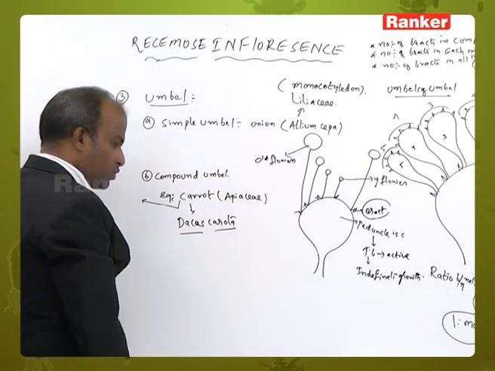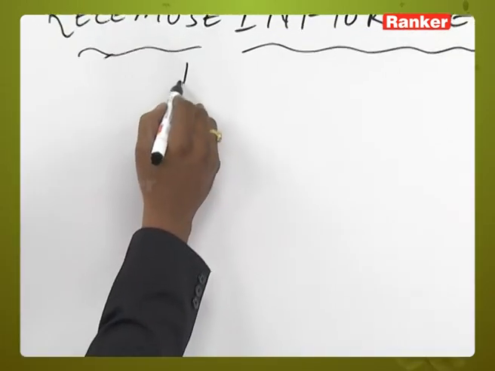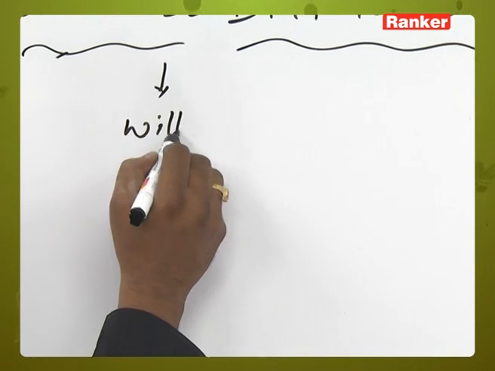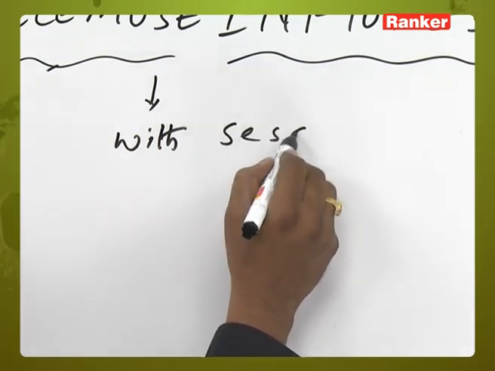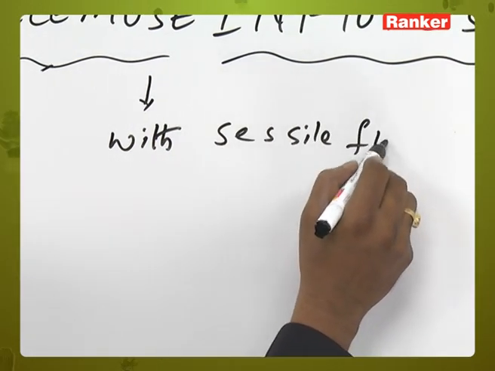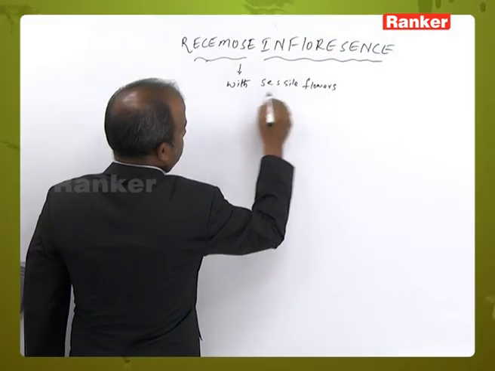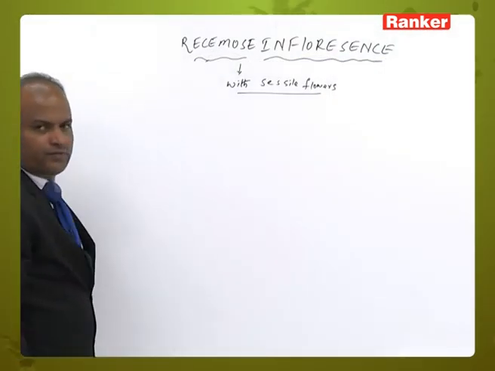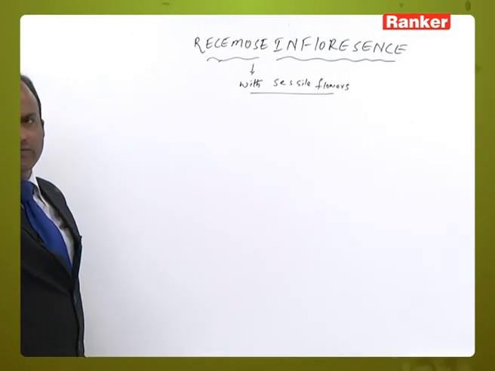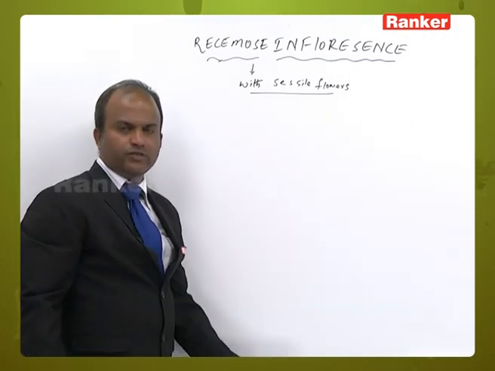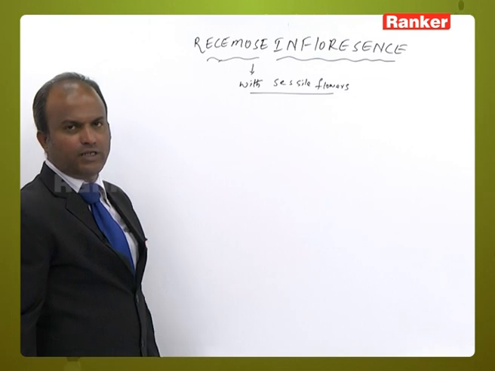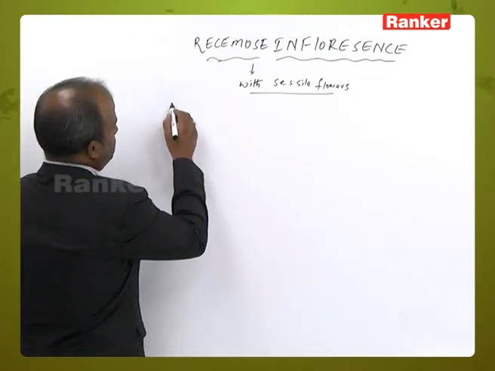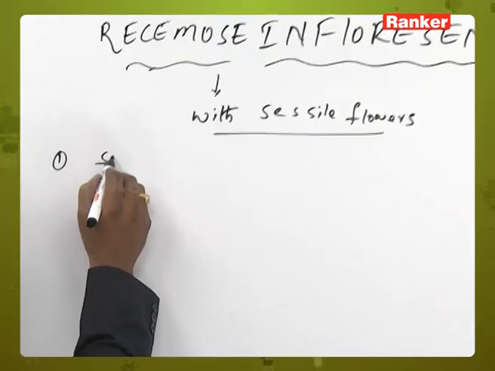Now we are moving to racemose inflorescence with sessile flowers. In this, the first one is the spike.